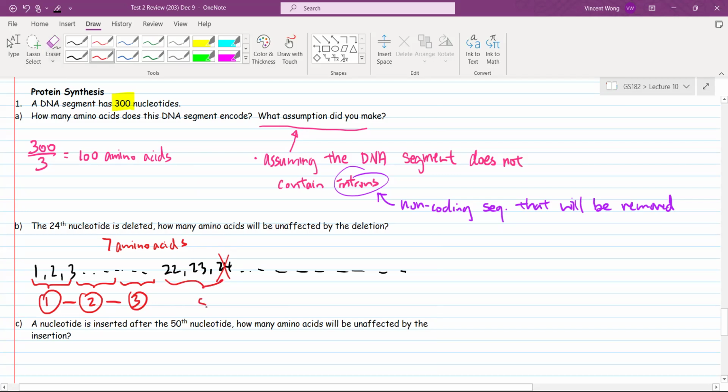If you delete the last letter, then you're going to have a frameshift mutation, and everything after that is going to be wrong. So 7 amino acids are going to be unaffected. It means nucleotides 1 to 21 are okay. So 21 divided by 3 is 7. That's basically how it is.